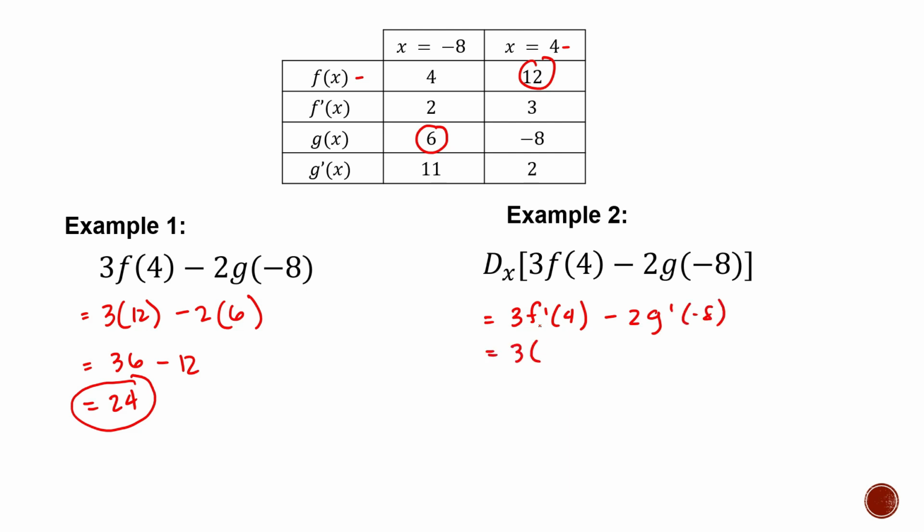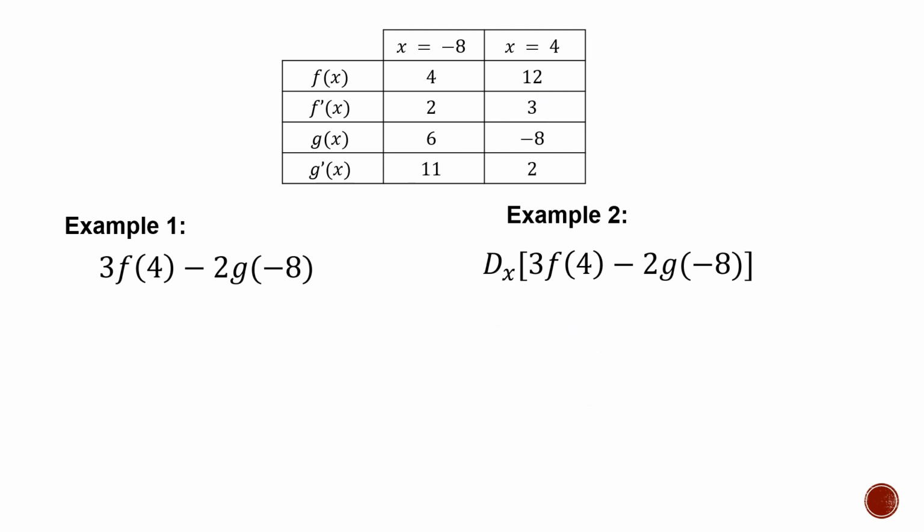So 3 times f prime of 4 is 3, minus 2 times g prime of negative 8. g prime of negative 8 is 11. So this is 9 minus 22, which is equal to negative 13.